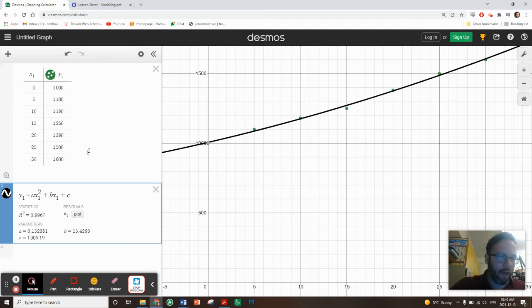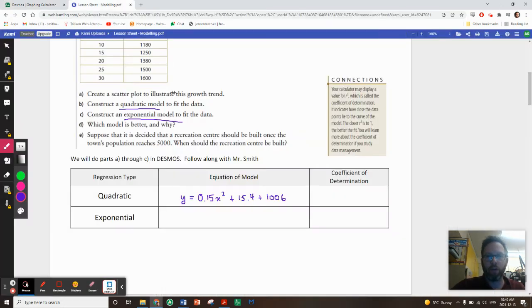One other thing that Desmos spits out, and other regression tools do too, is under statistics, you'll see this value r squared equals 0.9967. If you take data management, or you've taken it already, this measure r squared is called the coefficient of determination for this regression.